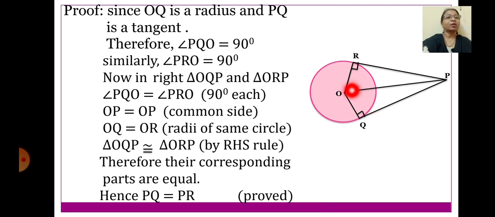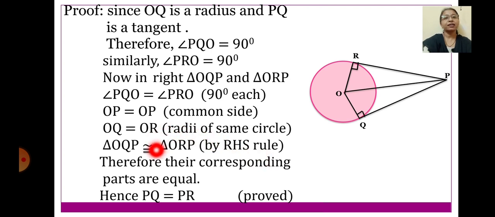RHS criteria, because the hypotenuse and one side are congruent to the corresponding hypotenuse and the corresponding side of the other triangle. So in this way, these two triangles are congruent by the RHS rule.